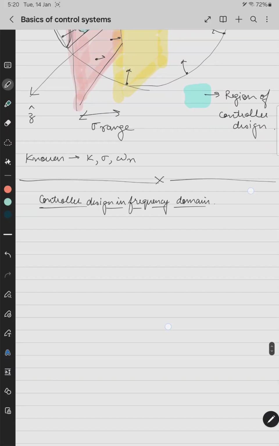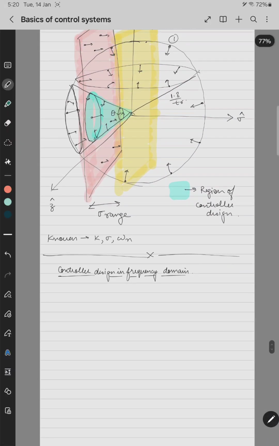In the last lectures we have seen how to design a controller in the time domain, considering time domain specifications like a given rise time, settling time, and overshoot, and based on these limitations, how to tune the KI and KP parameters for first order and second order systems.